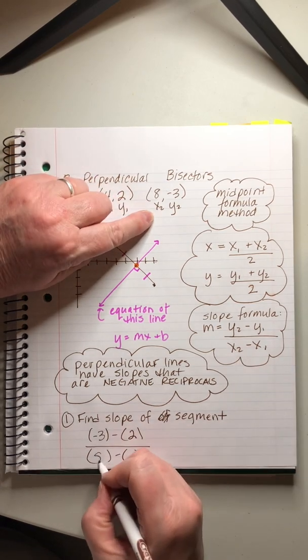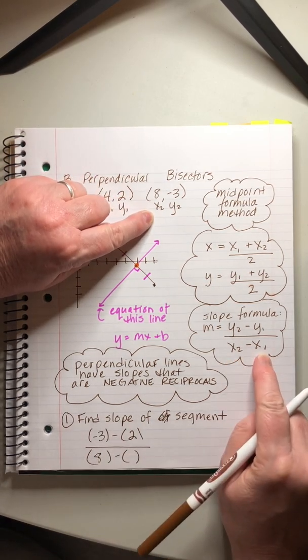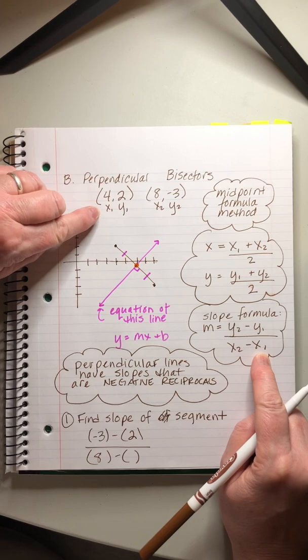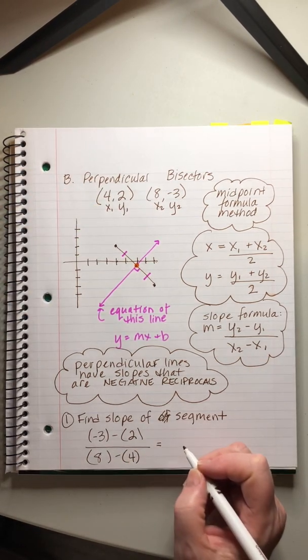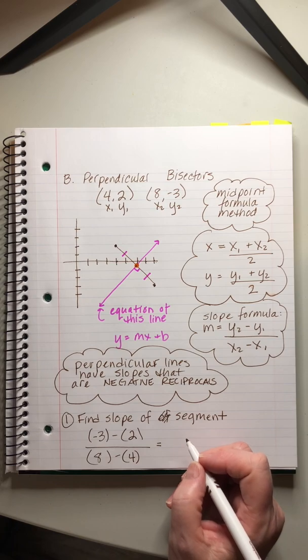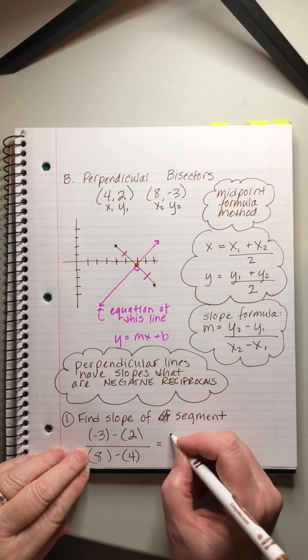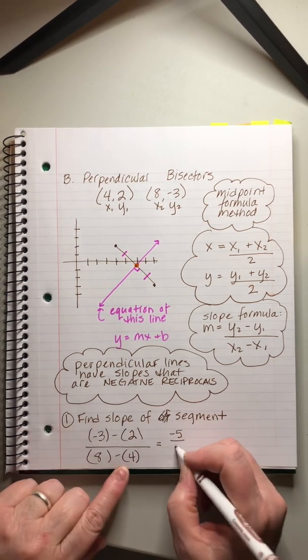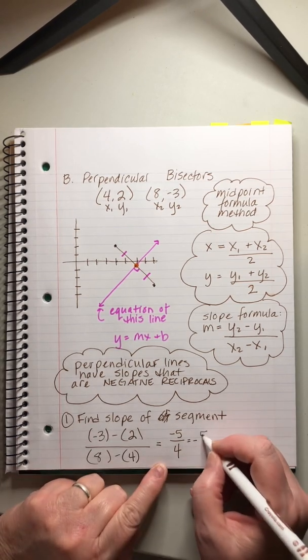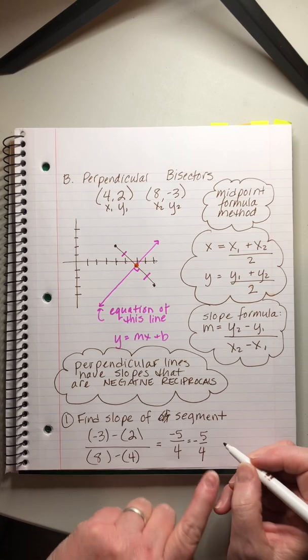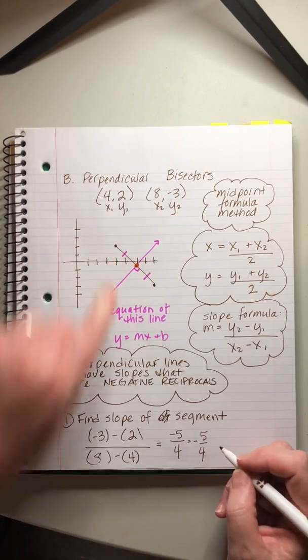Okay. X2 is 8. X1 is 4. So when we do this, we find it's -5 over +4, right? Which we can also write as -5 over 4. This is the slope of that line, right?